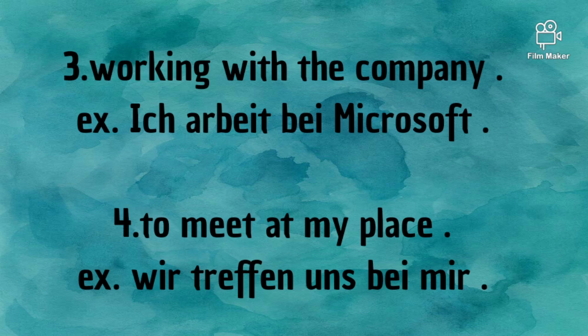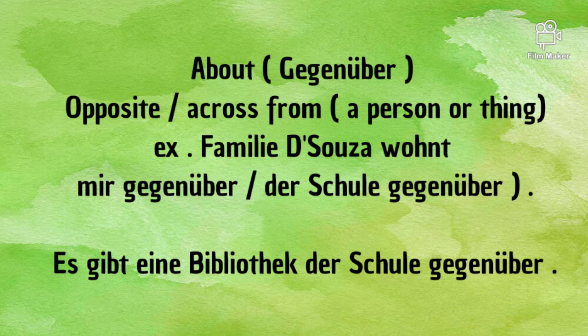Next one is gegenüber. Now we talk about gegenüber. It means opposite or across from a person or thing. First sentence: Familie D'Souza wohnt mir gegenüber or der Schule gegenüber.